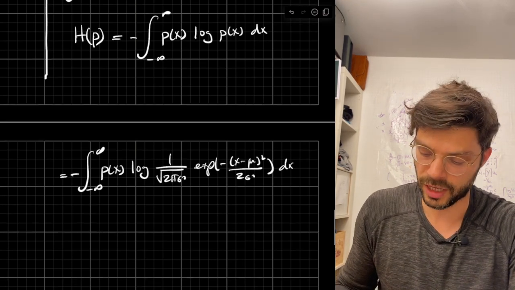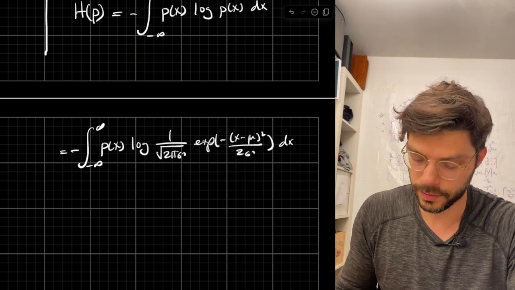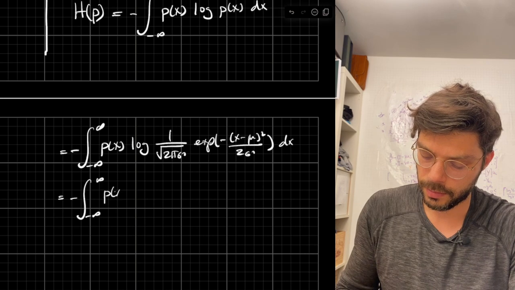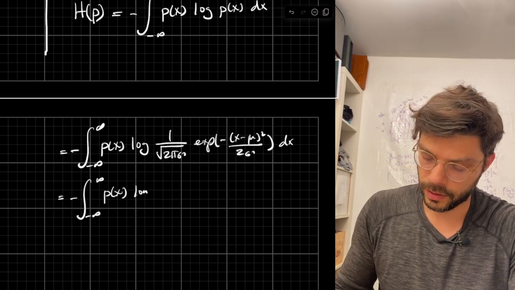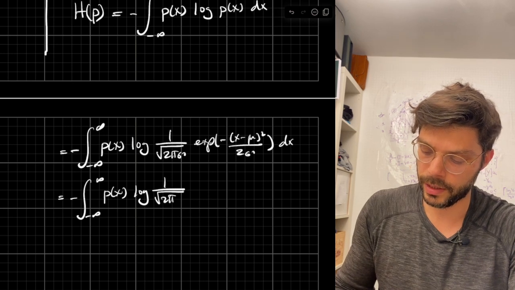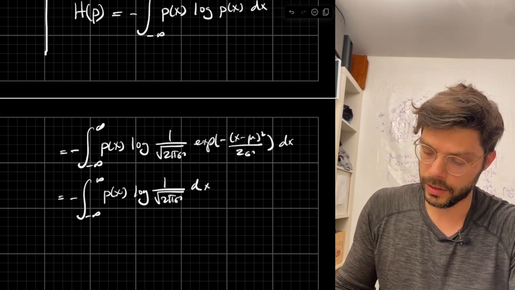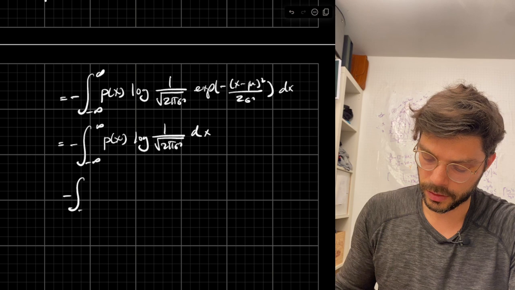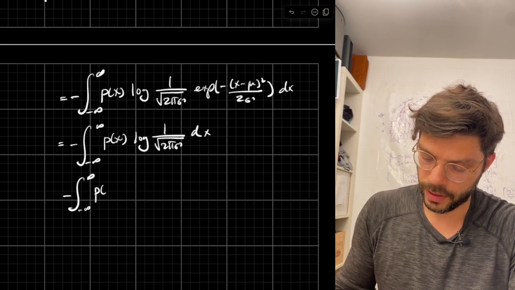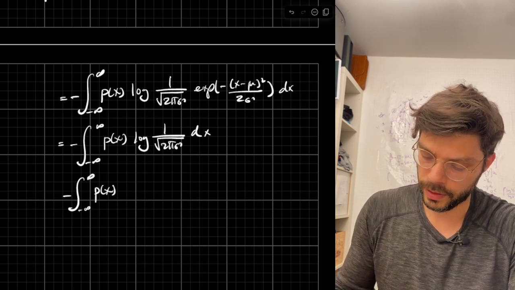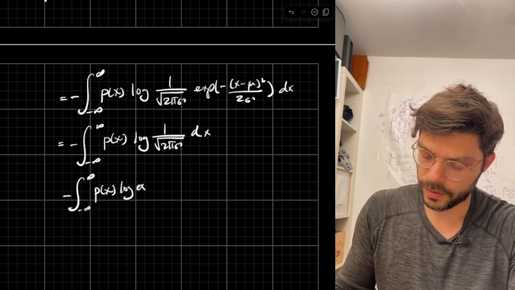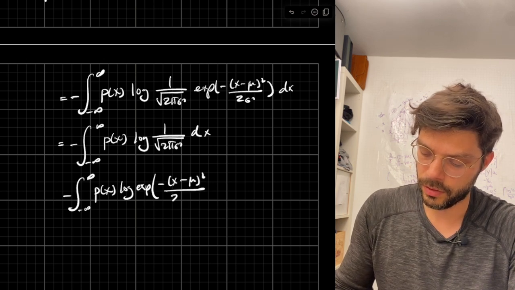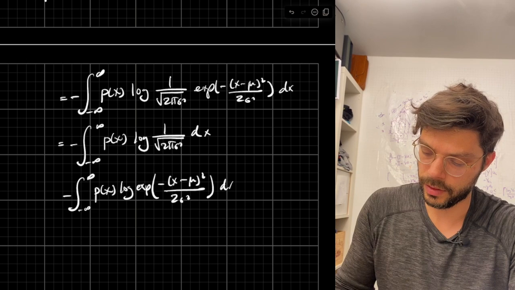So now, just like we did with the exponential, we're going to expand the logarithm. That's going to equal minus the integral of p of x times log of 1 over root 2 pi sigma squared dx. So that's the constant component, minus the same thing, p of x times log of exp minus x minus mu squared over 2 sigma squared dx.